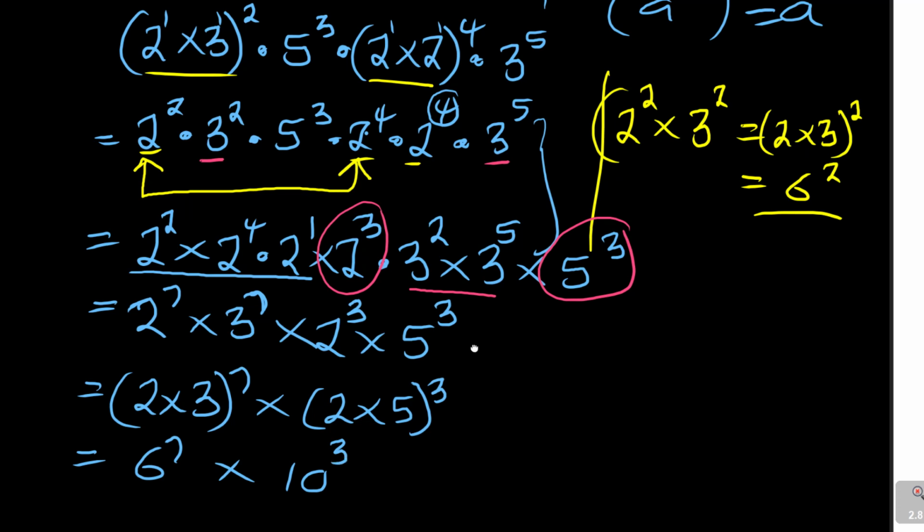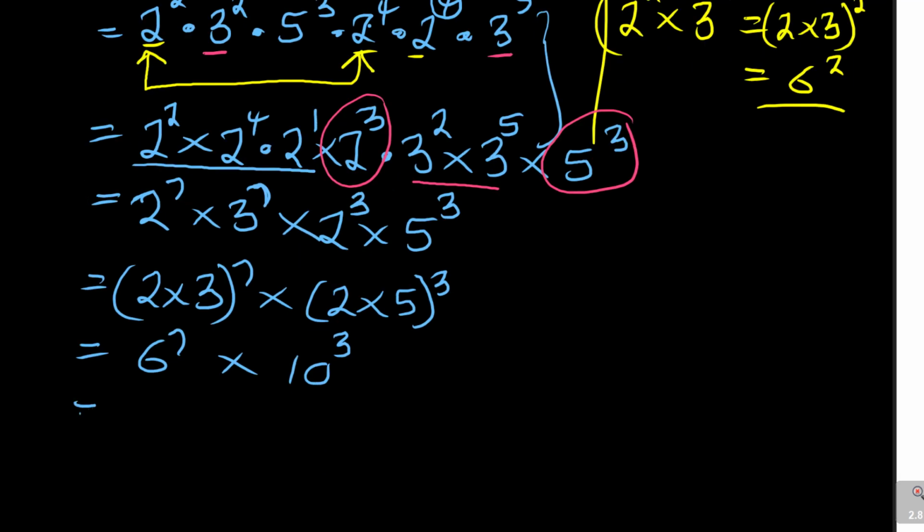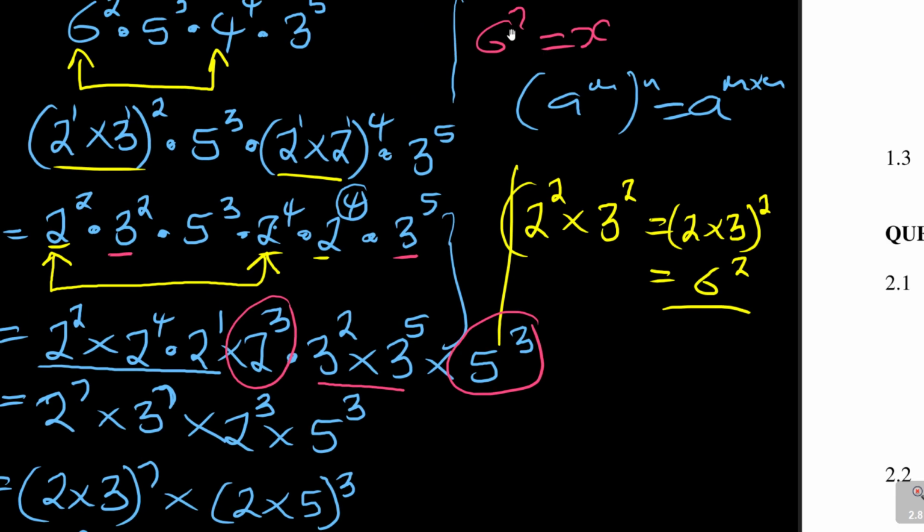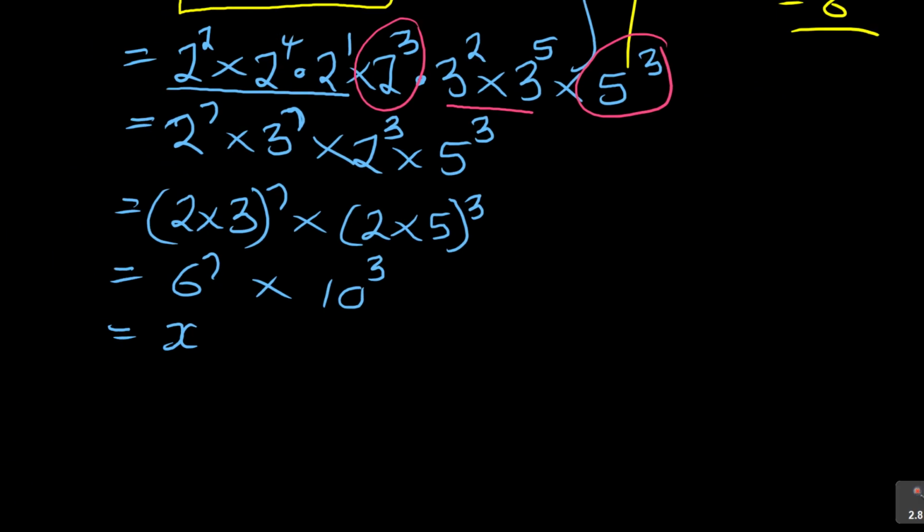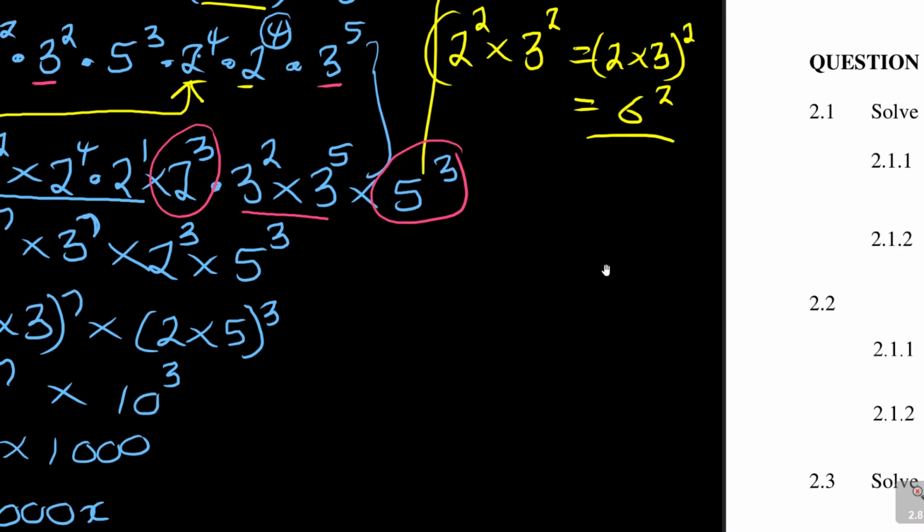But they told us what is 6 to the power of 7. They said it is what? It is x. You remember? That's your 6. So everything was to be in form of that. So times 10 to the power of 3 is 10 times 10, which is 100, times that, which is 1,000. So the answer is 1000x anyway. Okay, that was nice and clever.